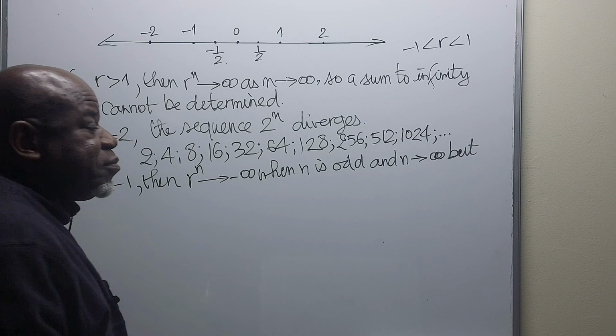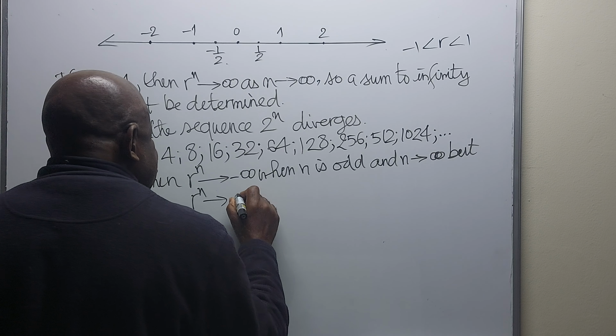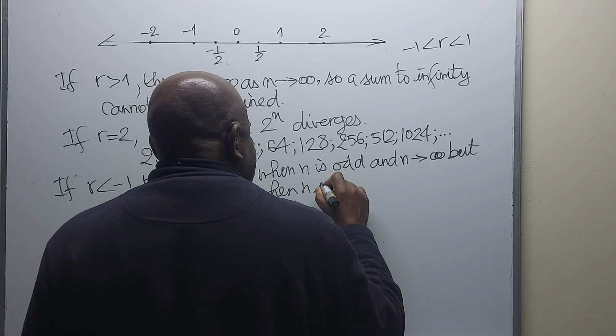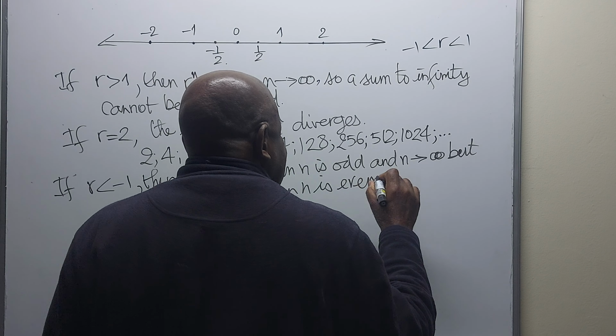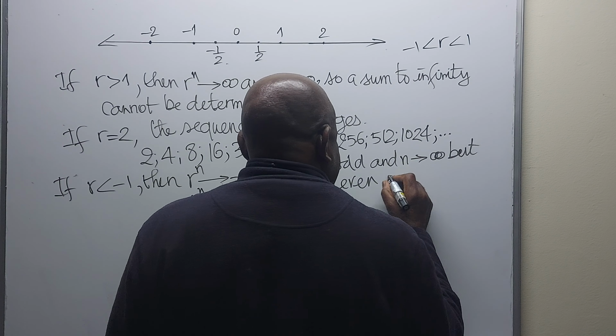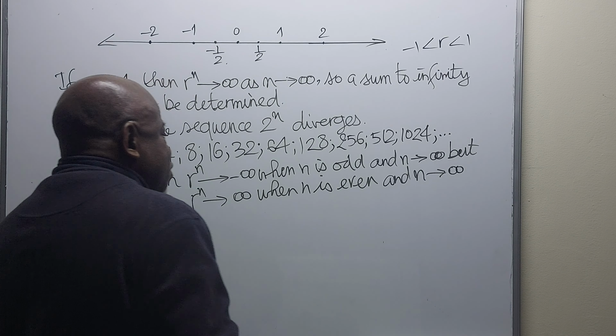But r to the power of n will tend to infinity when n is an even number, and as previously, our n will tend to infinity.